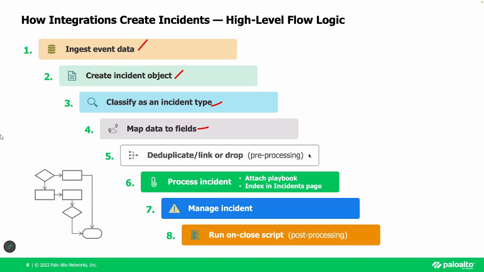Okay. Then we have what we call pre-processing. Then we have the process incident, where we attach the playbook. We have indexing, incident pages. Then our SecOps analysts manage the incident. Okay.